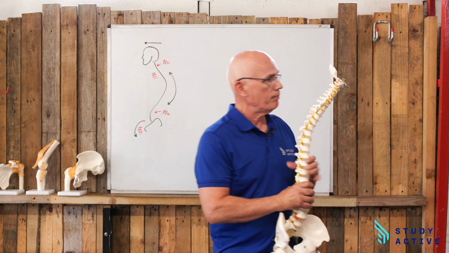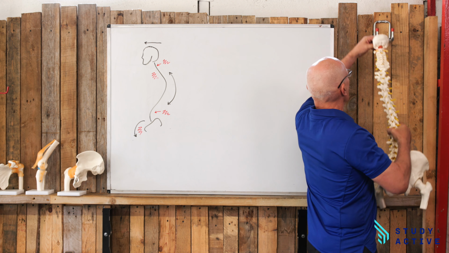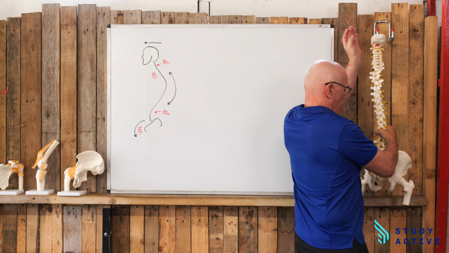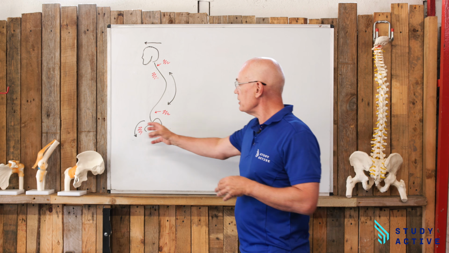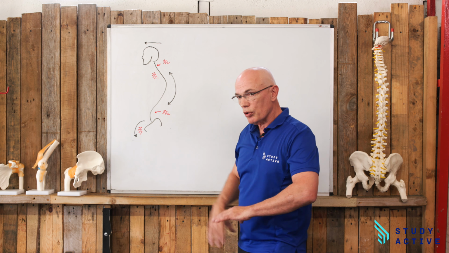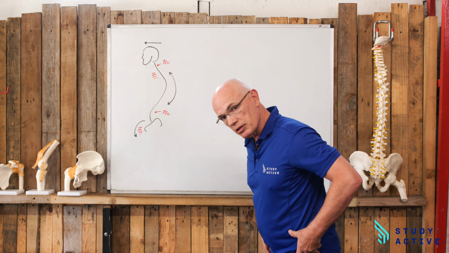Now, the two things we have to address here: the hip flexors can get tight, they can get overactive, and we can see that in our lower cross syndrome, anterior tilt of the pelvis, hip flexors going to be tight.